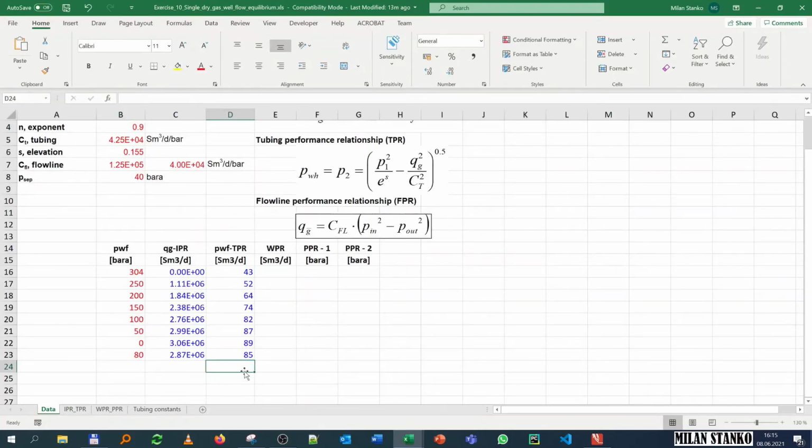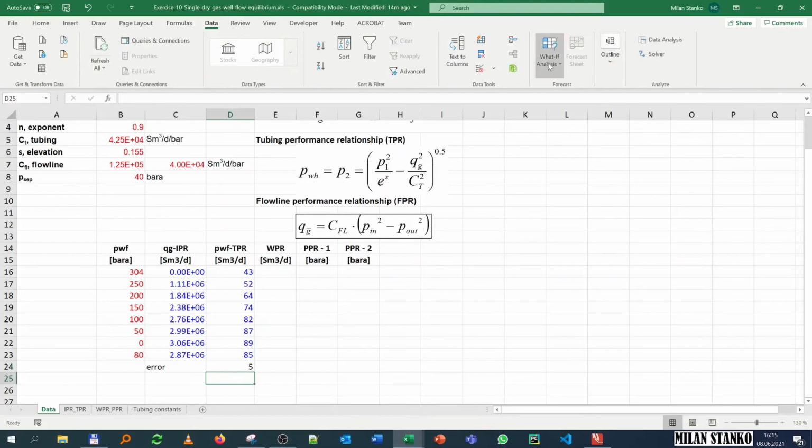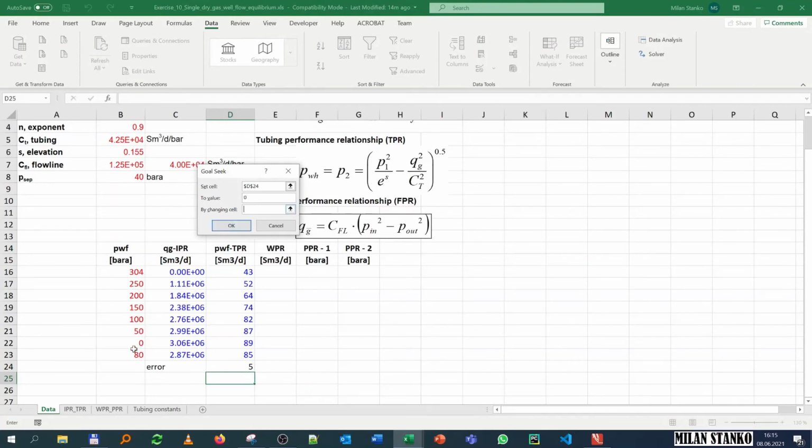Okay, so I can put here some error, that this pressure minus this pressure should be equal to 0. Then I can use the solver, or I can use the goal seek, where I want to set this cell to be equal to 0 by changing this one, which is an input.